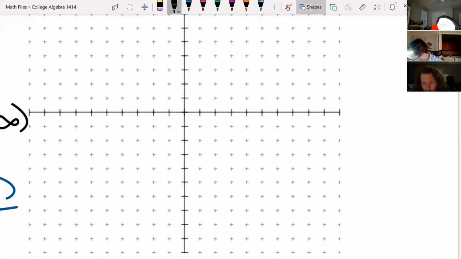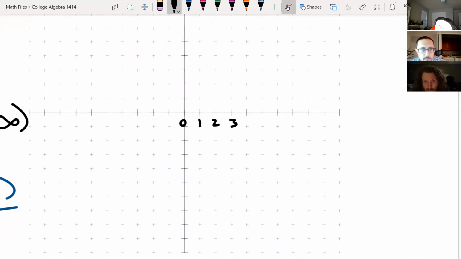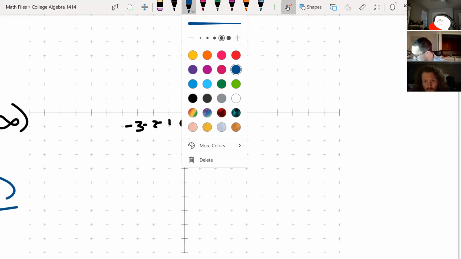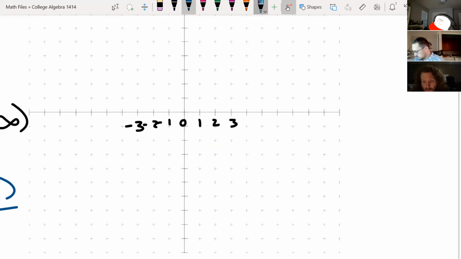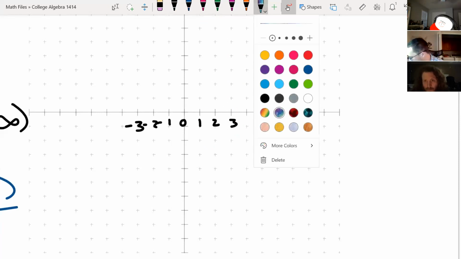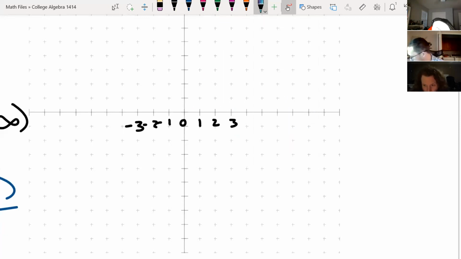So this is going to be 0, 1, 2, 3, -1, -2, -3, and then let's say fun color. There we go. So 1/2 is going to be right there.